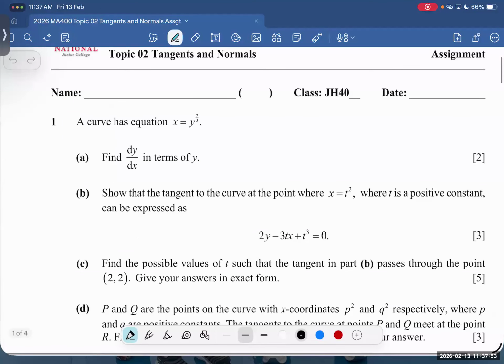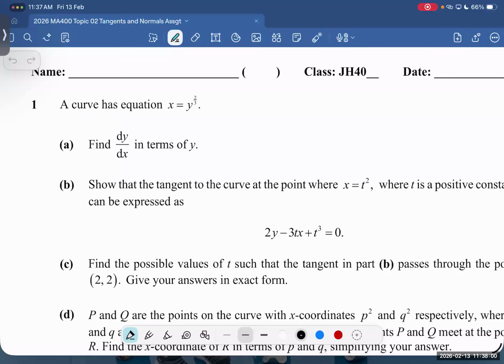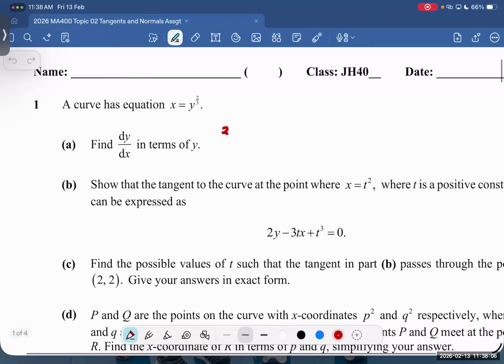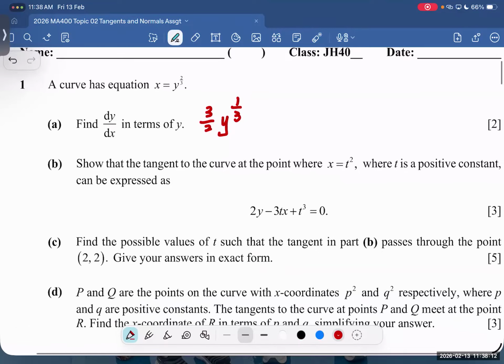Can I? Okay. They were DH405 last time. So this one, let me write down. 3/2 y to the power of 1/3. B is a show question.